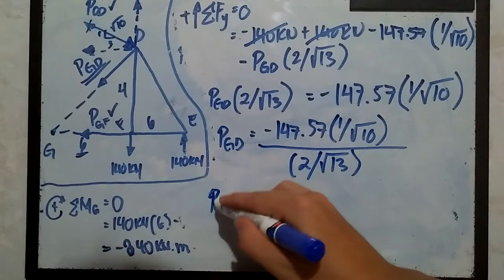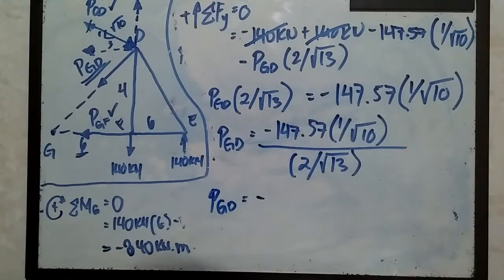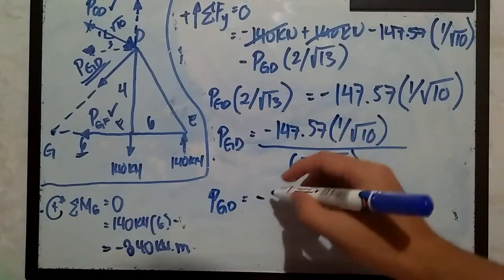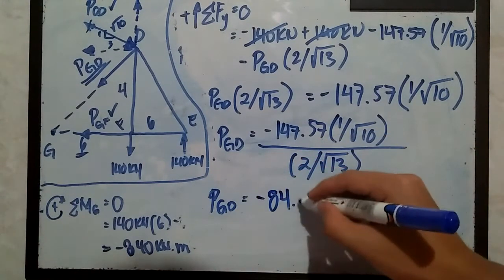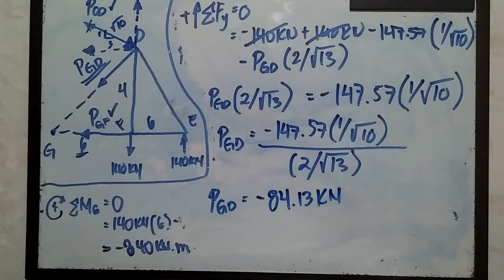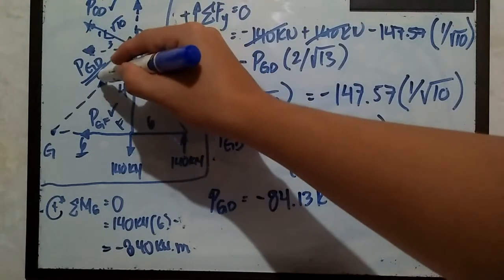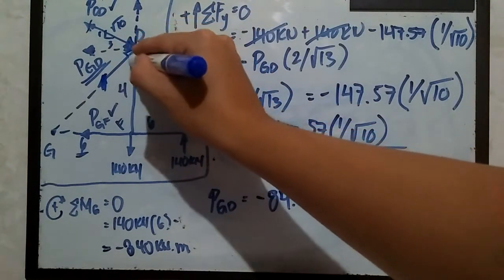So P sub GD is equivalent to negative 84.13 kilonewtons. So our initial assumption of tension is wrong. That's why we're going to change the direction of the arrow to the opposite direction.